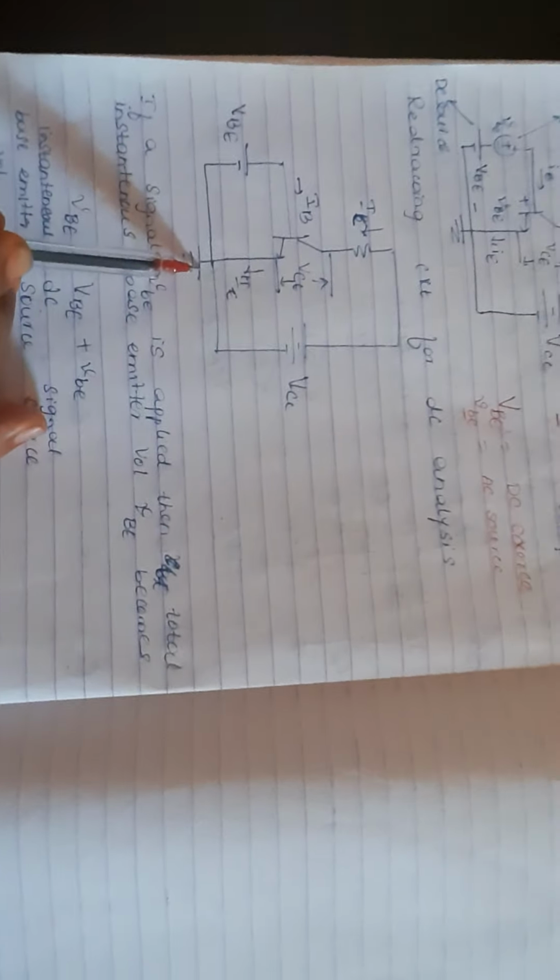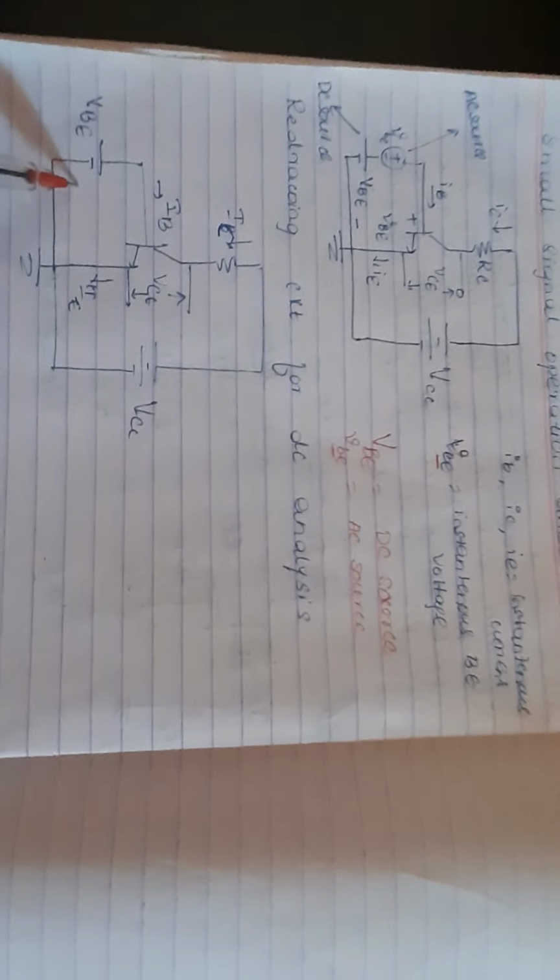Redrawing this circuit for the DC analysis without this v_be, the signal source is removed, and this is the DC analysis of this circuit.